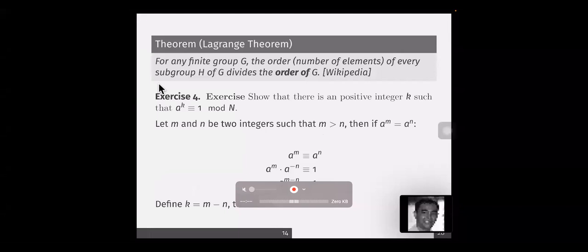Now meron tayong very important theorem which is called the Lagrange Theorem. What does this theorem say? This theorem says that if you have a finite group and you have subgroups, imagine you can generate all subgroups of that group G. Now, for each subgroup, get the number of elements, or the order.